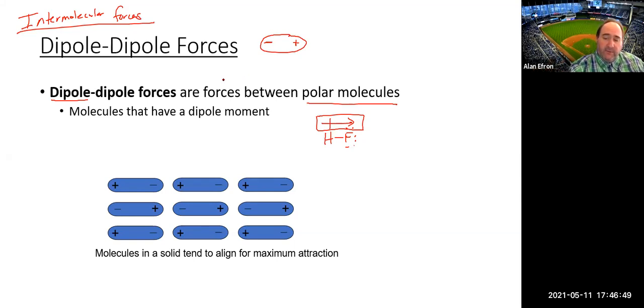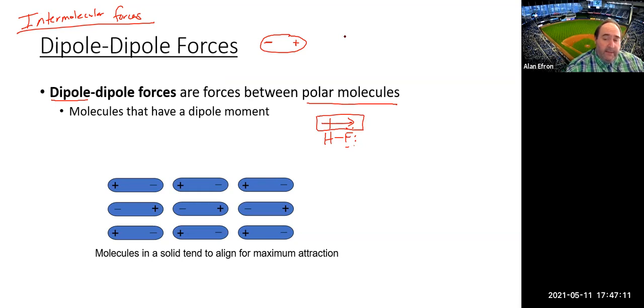So these are things that we're talking about, maybe not diatomic, but in a three or more atom situation, where we looked at, if you remember, are there polar bonds, and the molecular geometry of the molecule. If the answer is yes, there is a polar molecule, that's essentially what you have.